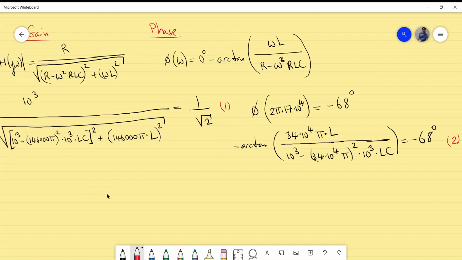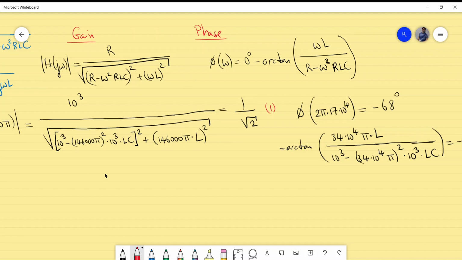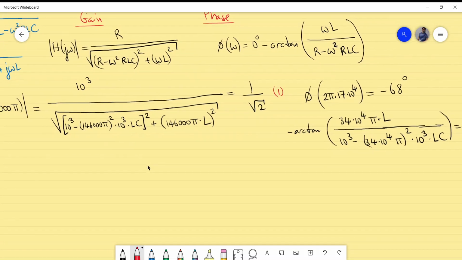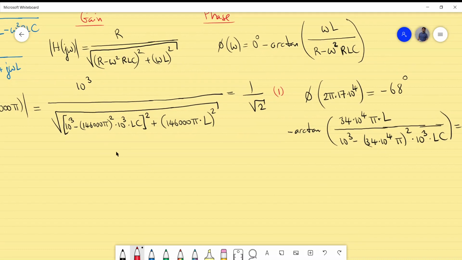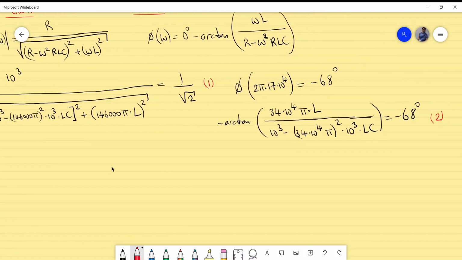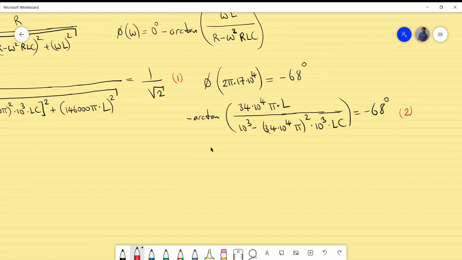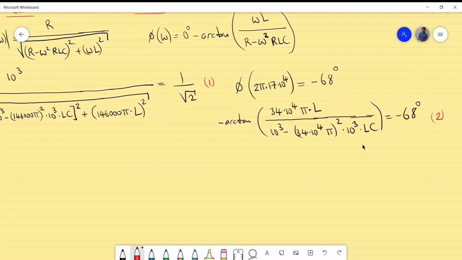Okay, I can now rewrite equation number 1 in a more simplified form, so I can use it later on. Or I can start with this one, it doesn't matter. What I want is the following. I would like to have an expression for L times C, just a product, in terms of L or in terms of C, and I will then substitute that in the other expression.